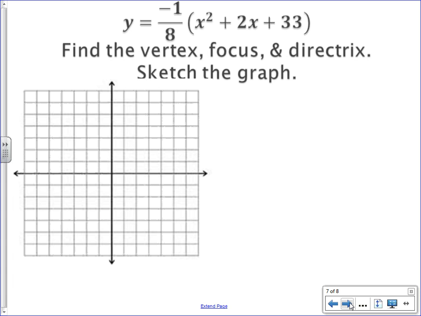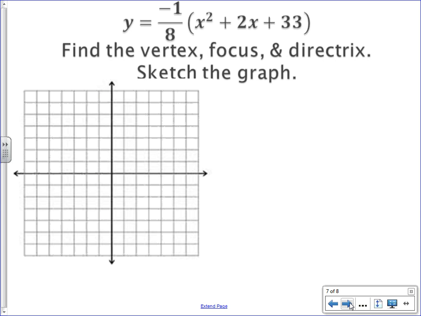Vertically, right? Up or down, right? Can we tell right now if it's up or down? It's going to be down. Now, this is an equation that you're used to seeing like in Algebra 2, right? This is kind of the form that they would be in. Okay? Unfortunately, this is not the form that we want, is it? This is not standard form. So we're going to have to get it to standard form.